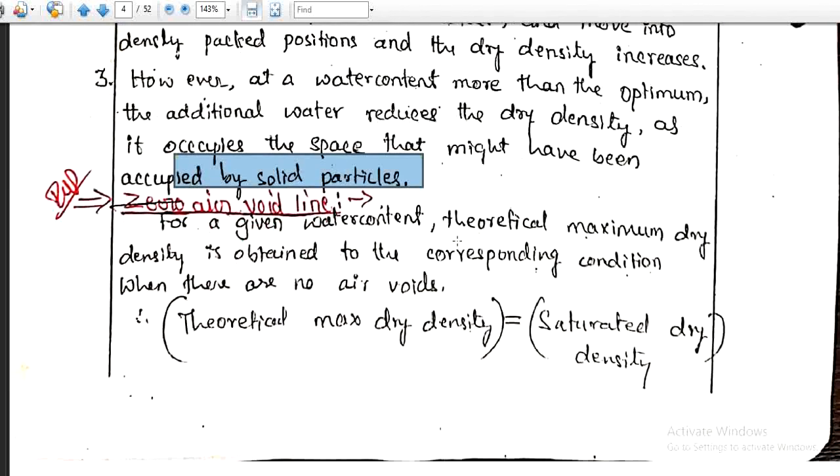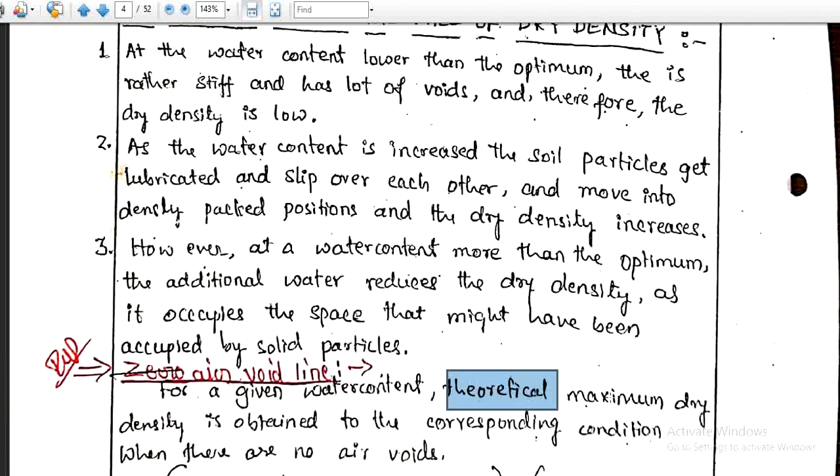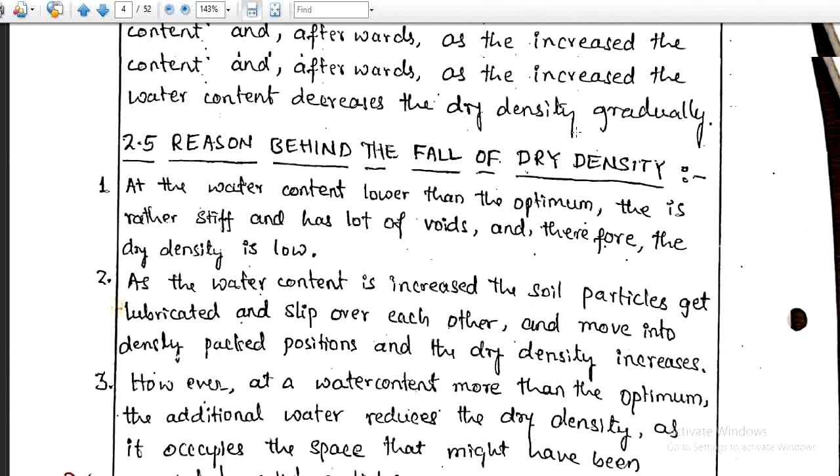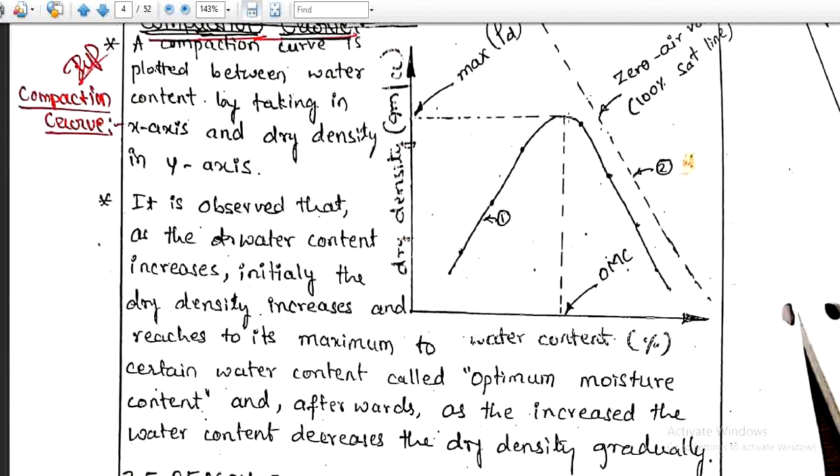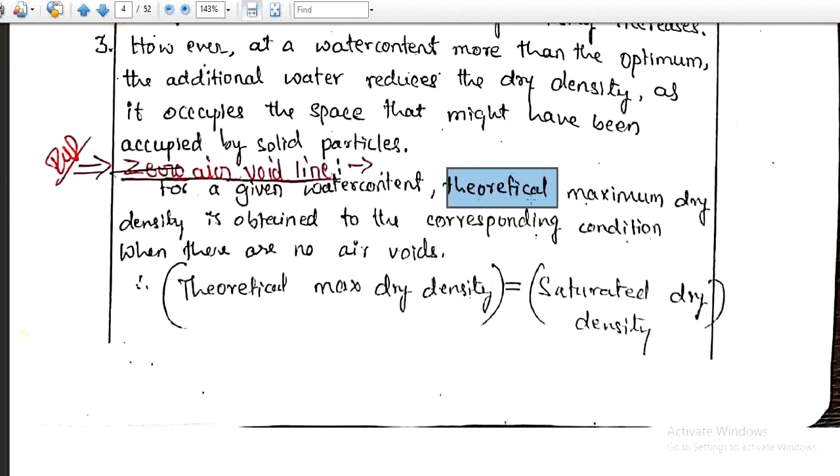For a given water content, there is a concept called the zero air voids line. For a given water content, I am talking about the theoretical maximum dry density. You can see we are talking about this dry density, but at this point, if I consider this as a maximum dry density, there is some water which is already added to it. So practically it is not a dry density; theoretically, it is a maximum dry density.